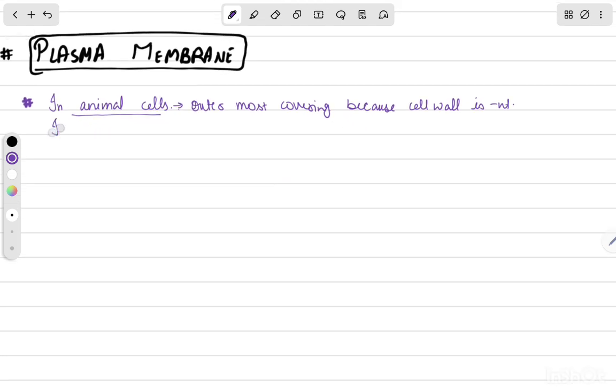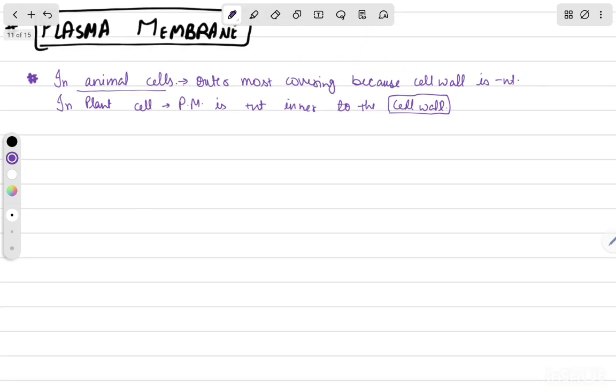But if we compare this with plant cell, then in plant cell, plasma membrane is present inner to the cell wall. So outer covering is cell wall. Just inner to the cell wall we have plasma membrane in case of plant cell, or fungal cell, or bacterial cell, or some of the protists.